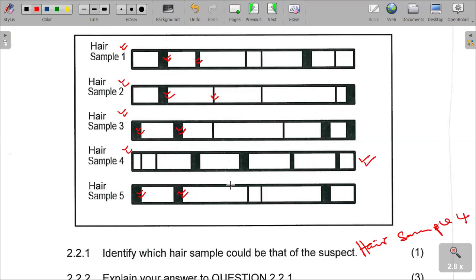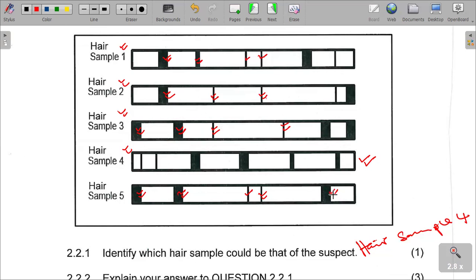If you look again, this bar can match to that bar, which means they are related. Then this one can also match to that, and this can match to this, which brings us to sample A4.